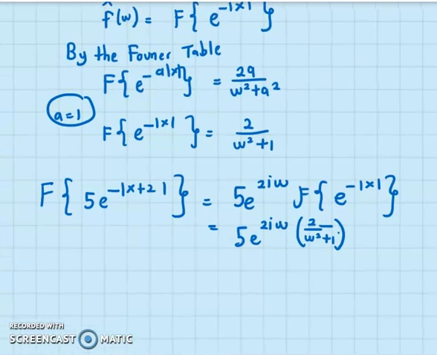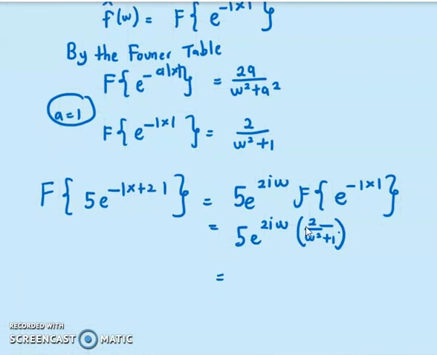Therefore your answer will be 5 times 2 is 10, e^(2i omega) over omega squared plus 1. So this is the Fourier transform using the property.